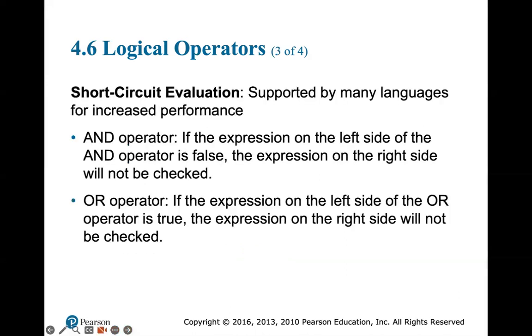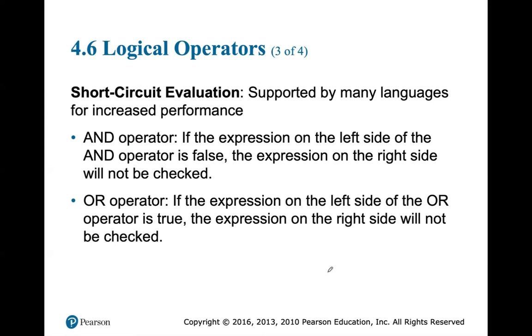Okay. And the last thing, let's see, two more: the range checking and short circuit evaluation. Short circuit evaluation is something that is supported by some of the languages. I think Python and Java both support this. We use it for increased performance. Since your computer will be doing a lot of processes at the same time, it will want to save as much power, memory, and space as it can.